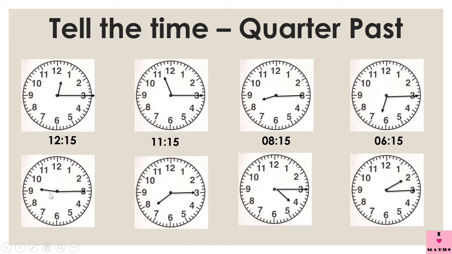So it is called quarter past 9. Here the hour hand has gone beyond 7 and the minute hand is on 3. So it is called quarter past 7 or 7:15.